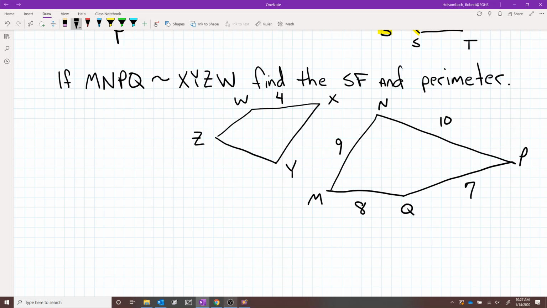So be careful in a problem like this, because your similarity statement lists the larger shape first, smaller shape second. So when you're doing your scale factor, the larger number needs to be in the numerator.